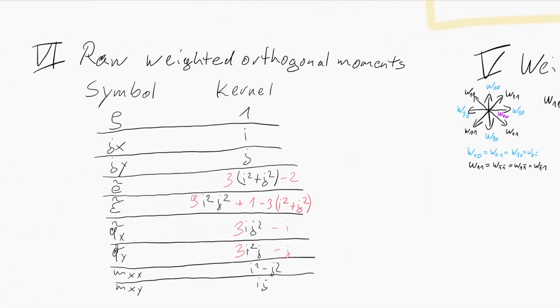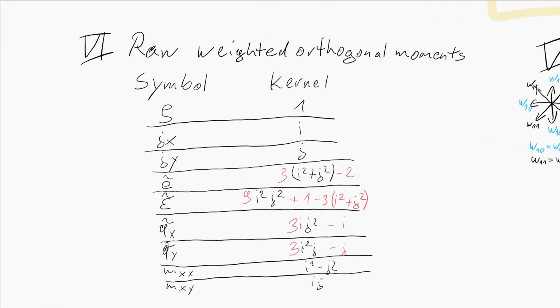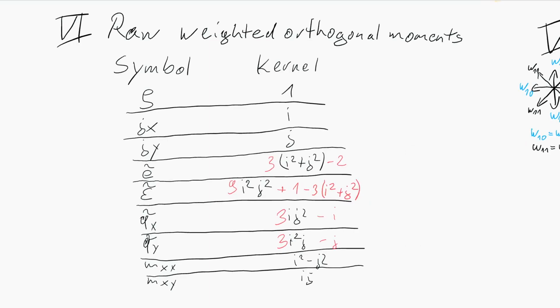So when we do this, we can now derive weighted orthogonal moments, which have a little bit different definition. That looks now like this. You see these equations here are now turning out to be completely different from the definitions of the unweighted orthogonal moments.